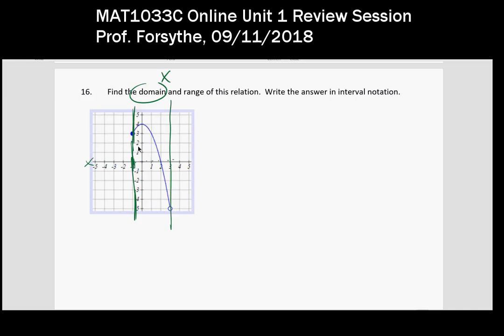So here at -1, it's a closed circle. So if we're going to write it in interval notation, we're going to use a bracket to say that we're starting at -1, and we do include -1 because it's a closed circle. And then all the x values continue all the way to 3.